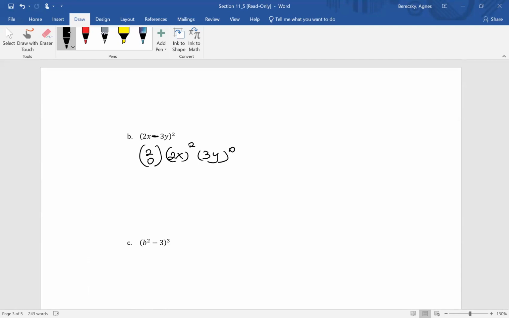Because if this is a negative, you're going to have alternating signs, so minus 2 choose 1, 2x to the first power, 3y to the first power, plus 2 choose 2, 2x to the 0 power, and 3y to the second power.